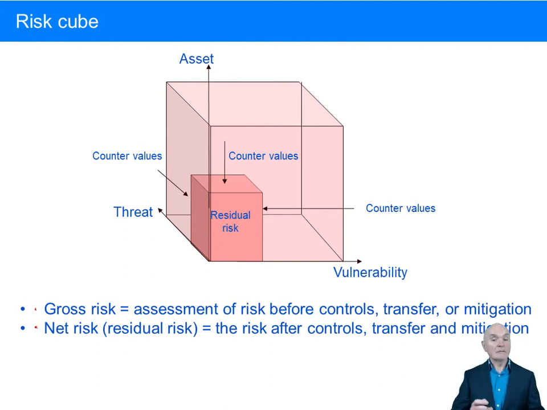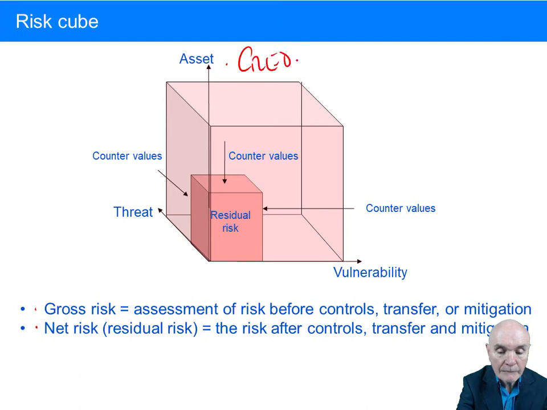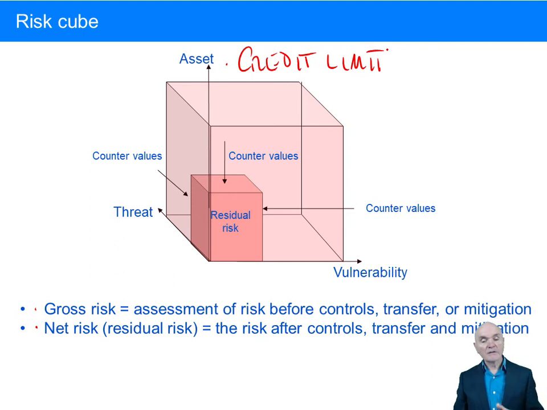So what we have here, for example, is an asset at risk. Let's say the asset at risk is receivables. We're really looking at bad debts here. One of the ways in which you can reduce the asset at risk is to have a credit limit. If you have no controls whatsoever, you might be allowing 50,000.